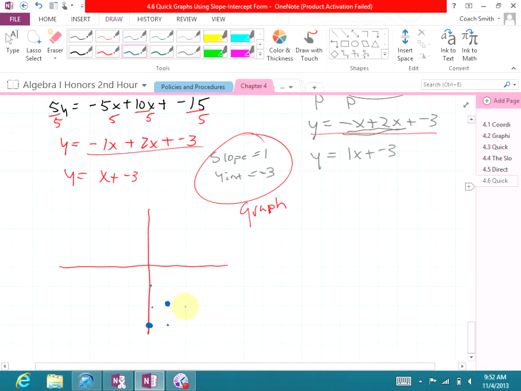Right there, over 1, up 1. And there's your slope triangle.